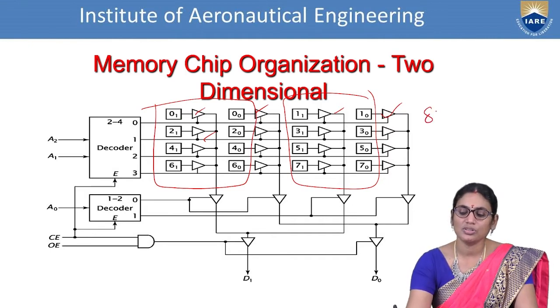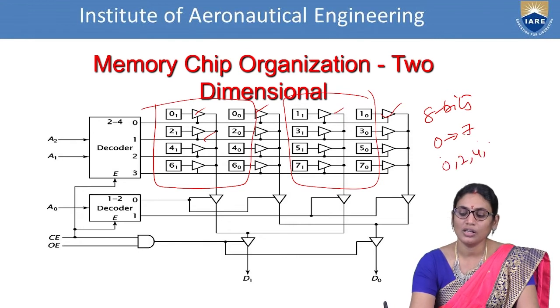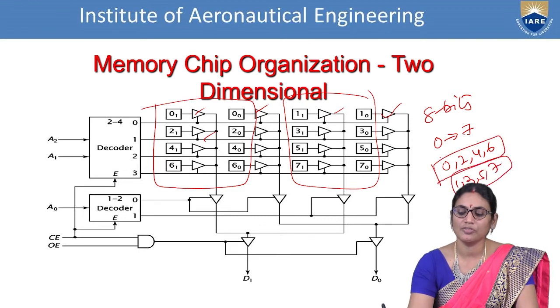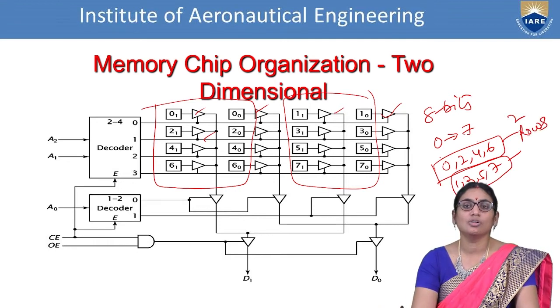Here also I need to possess 8 bits. So in order to represent 8 bits, I need to go for the 0 to 7 representation of bits. In this 0 to 7 classification, I'll go for even number classification and odd number classification. Now these will be maintained as separate information and will be taken into 2 rows.